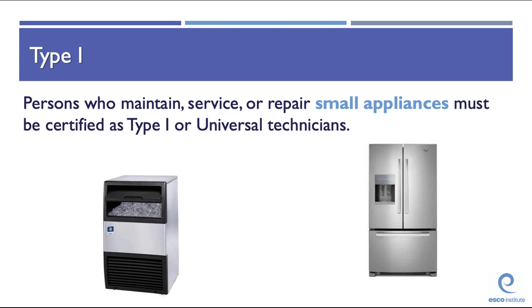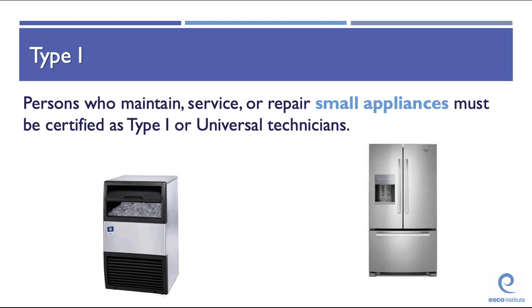Type 1 is designed for persons who maintain, service, or repair small appliances. That's like ice makers, refrigerators, anything that is self-contained. A small appliance is defined as a pre-assembled unit that's hermetically sealed and factory charged with 5 pounds or less of refrigerant.